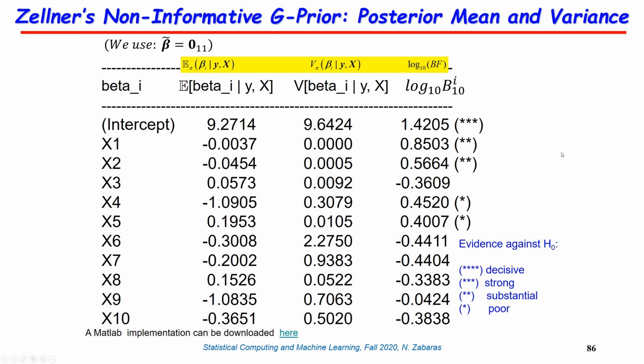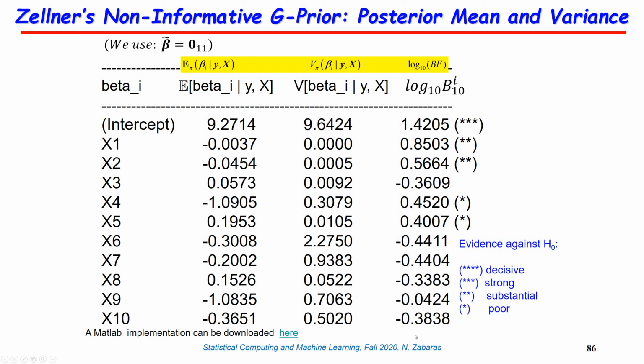So here are the results for this non-informative G prior. What you see here are again the Bayes estimates for the parameters beta I, these are the variances, and these are the Bayes factors on a log scale. This is the Bayes factor B10 I, where I indicates that I remove beta I from the model one at a time.